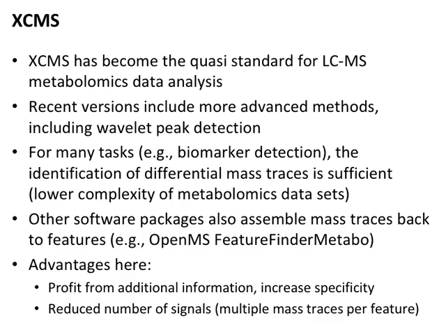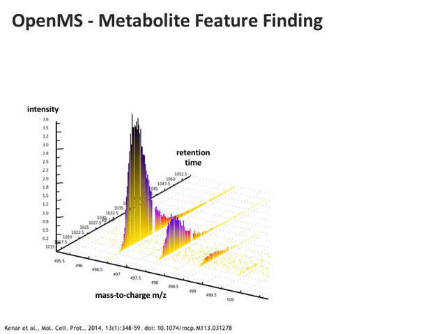So if you want to continue using OpenMS, then there's a tool that's called Feature Finder Metabo. It was published a couple years back. And this uses the same ideas that we discussed for label-free quantification. So it starts by looking for mass traces.